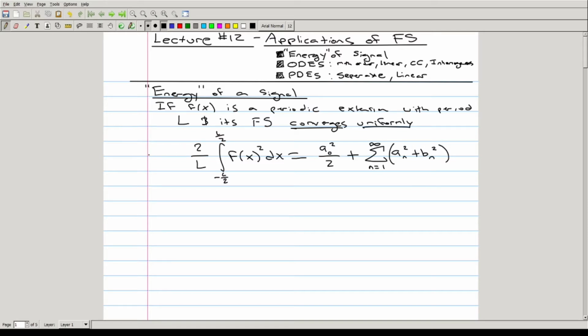And we can define this right here as the total energy of the signal f of x.